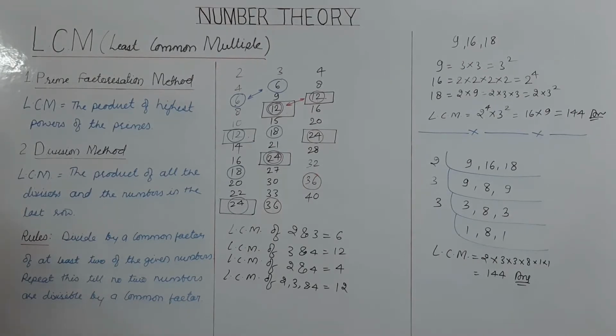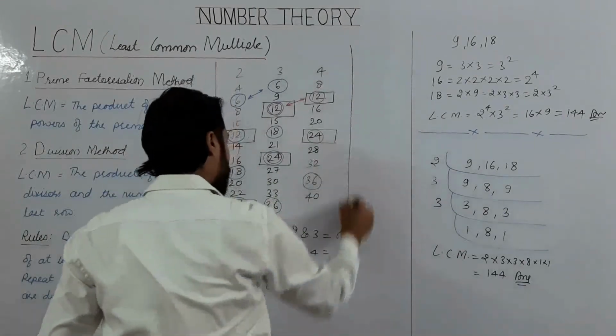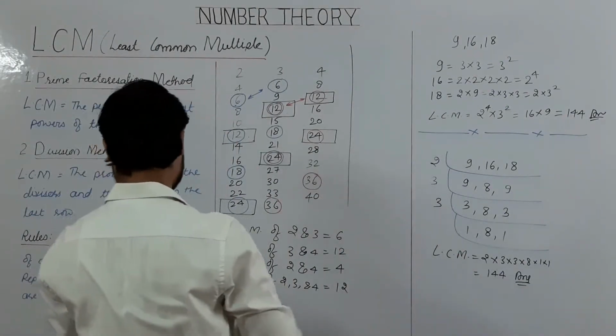Now we'll solve some problems from exercise 3.7. First question, state the LCM of the given numbers. This is oral. Orally, you are required to answer this question.